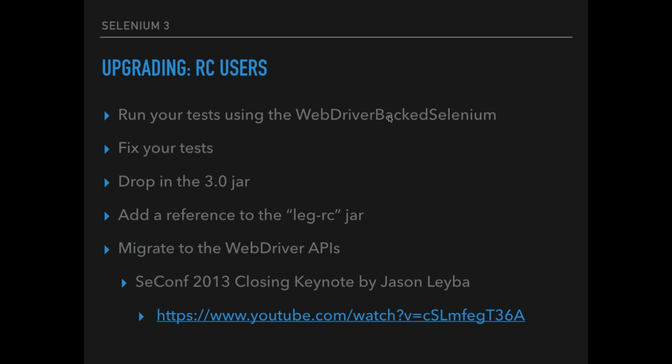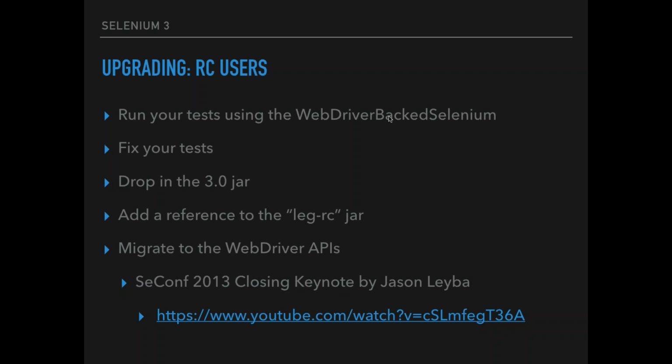If you're a user of Python or Ruby or some of the other languages, you can also start a WebDriver instance, get the session ID, and then pass that to a Selenium instance started with star WebDriver instead of star Firefox or star Internet Explorer or star Google Chrome. So in order to upgrade, RC users switch from the default Selenium to a WebDriver-backed Selenium, and run your tests.